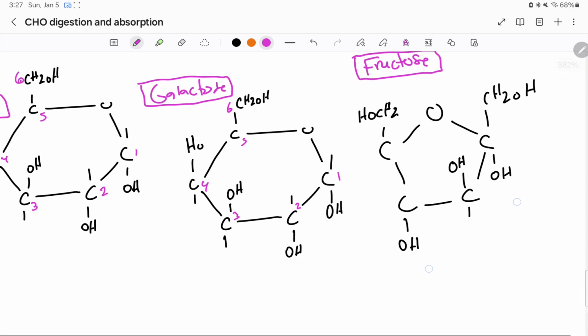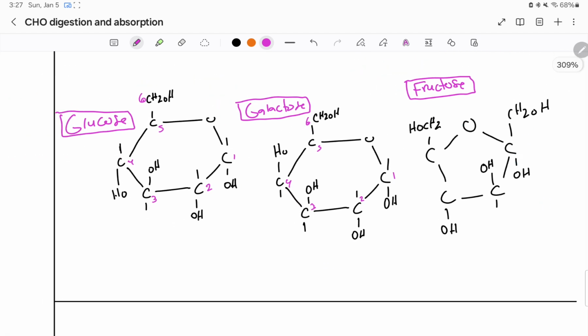For fructose, you do something a little different. You start counting over here: 1, 2, 3, 4, 5, and finally 6, which is that carbon over there. So they're all 6-carbon sugars, but fructose is a little different from the other two.